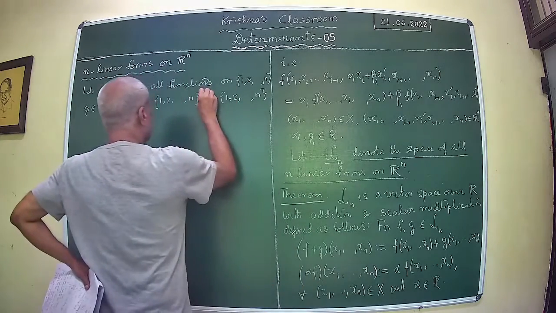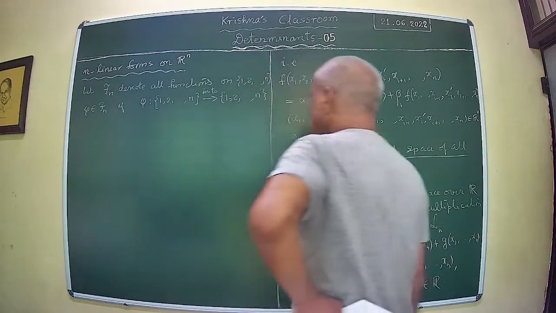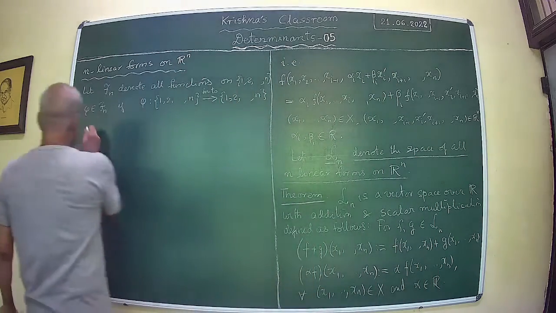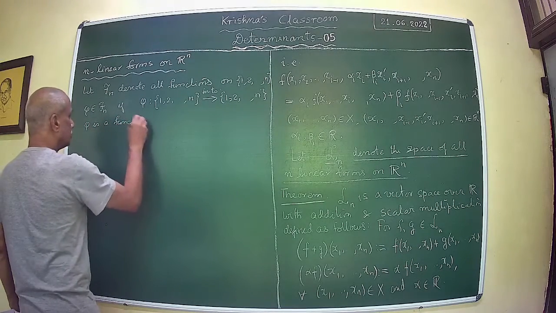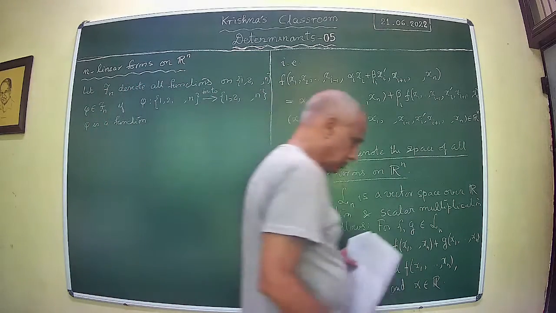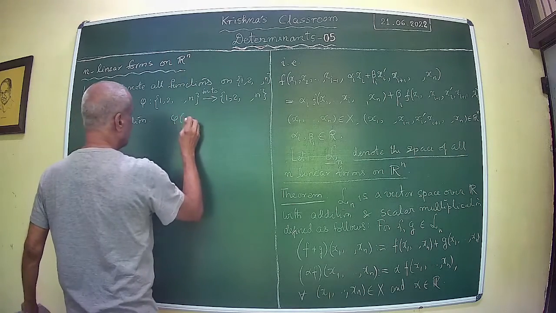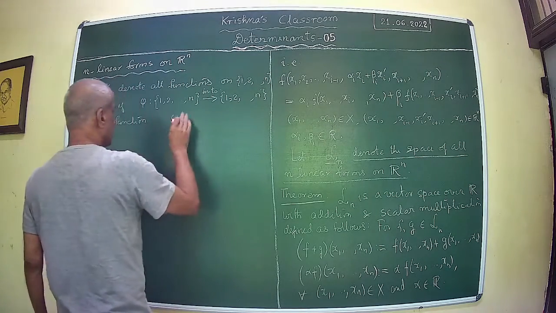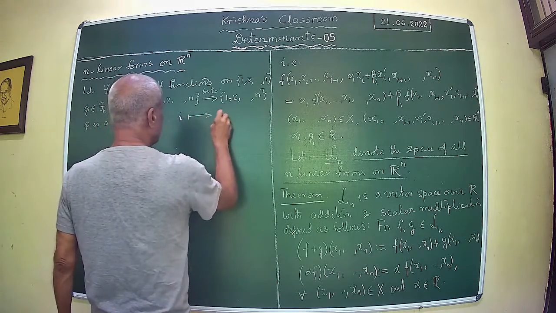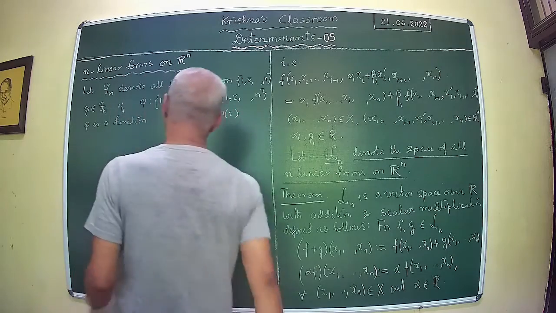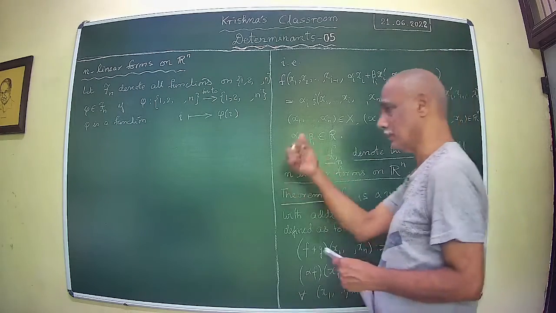Now this is not necessarily onto, in general it is into. So phi is a function. That means phi, i is mapped to phi(i). Okay, right. So we need this notation later.